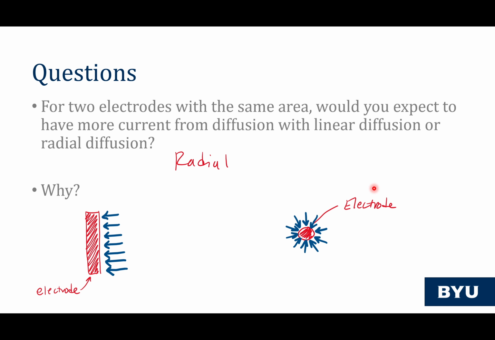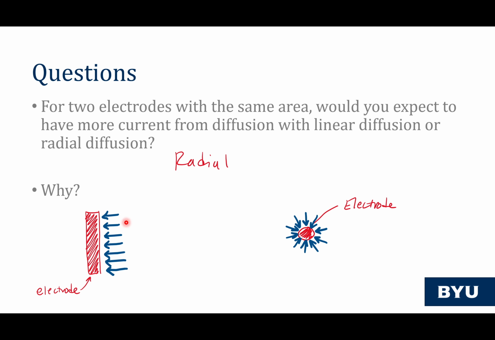Okay, so we would expect more current to come from a species that is diffusing radially. And here's the reason why. So if we're expecting only planar or linear diffusion, then the current always is accessing the same area or volume from the solution.